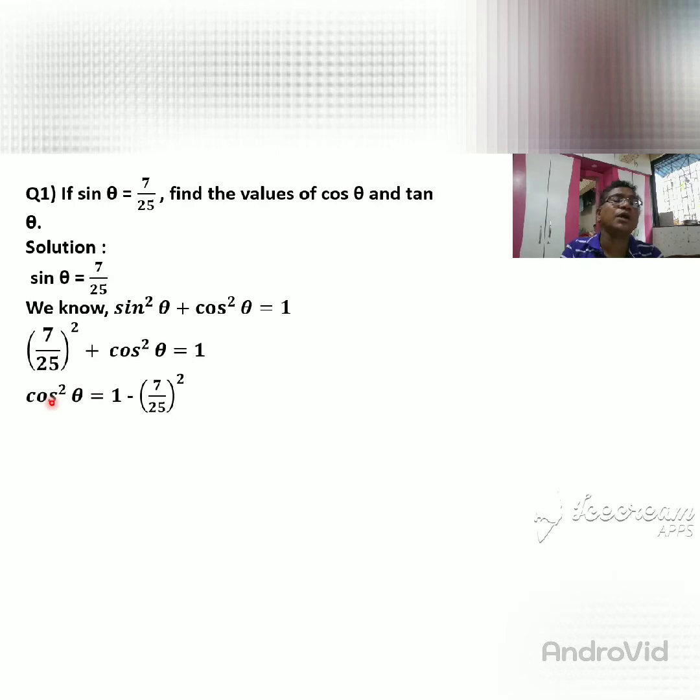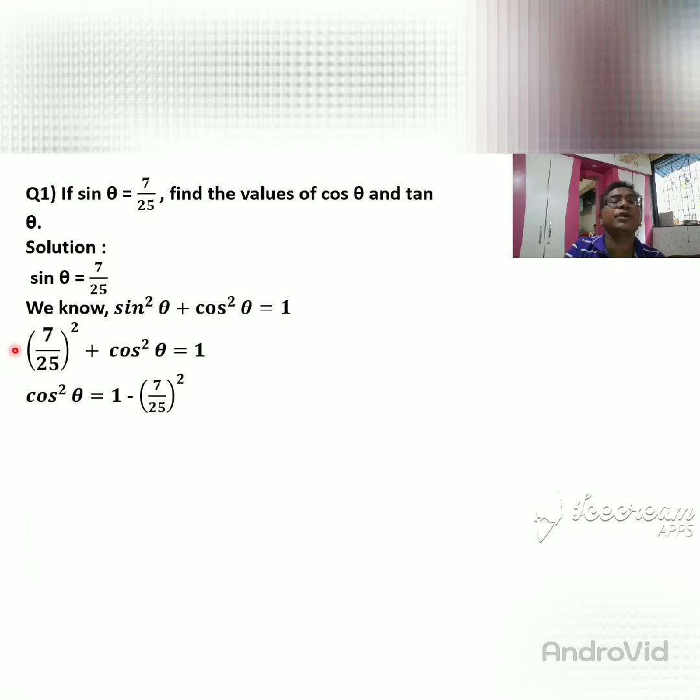So 7 square is 49, and 25 square is 625. Cos square theta remains as it is on this side, but when the 7 upon 25 bracket square goes across, it becomes minus. Why does it become minus? Because 7 upon 25 is positive here.